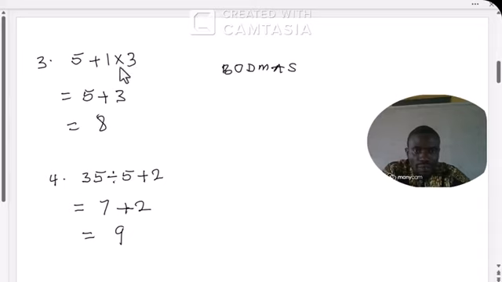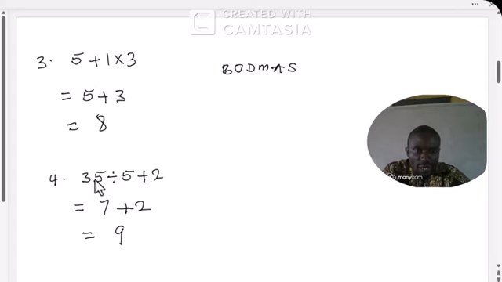If you don't follow order of operation here, you can be tempted to say 5 plus 1 times 3, 5 plus 1 is 6, times 3 is going to be 18. It's wrong. If you follow the order here, you know that M multiplication comes before A addition. So you do multiplication first, before you come to addition. That's how we come about 5 plus 3, which equals 8.